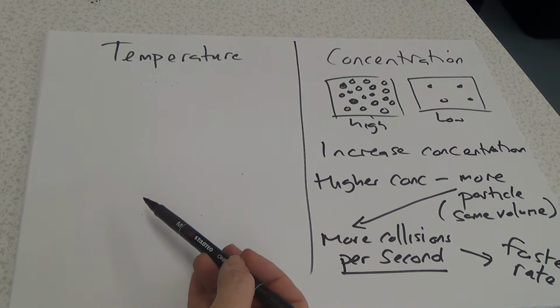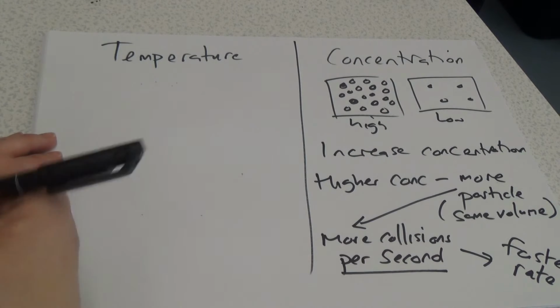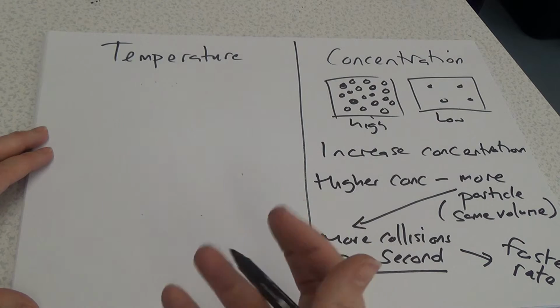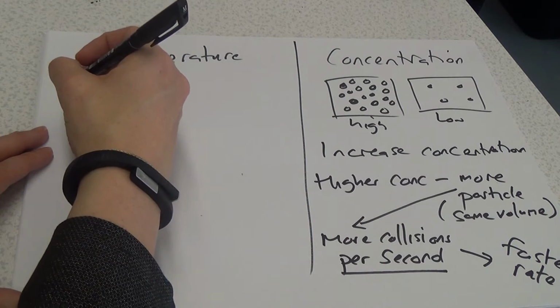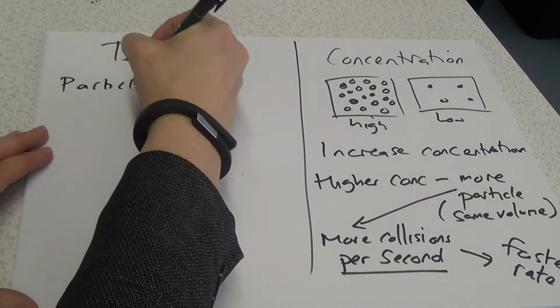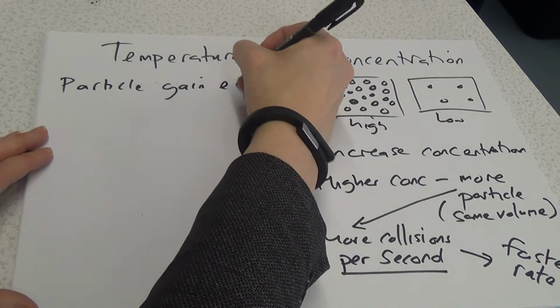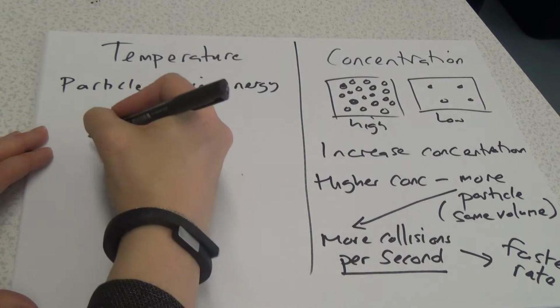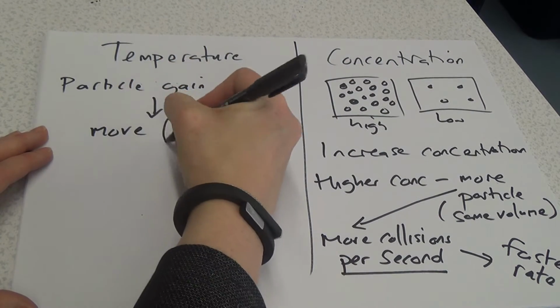Temperature is a little bit different because temperature links to energy. If you heat up your reactants, what you are giving is more energy to the particles. So the particles gain energy. What this means is that the particles will move faster.